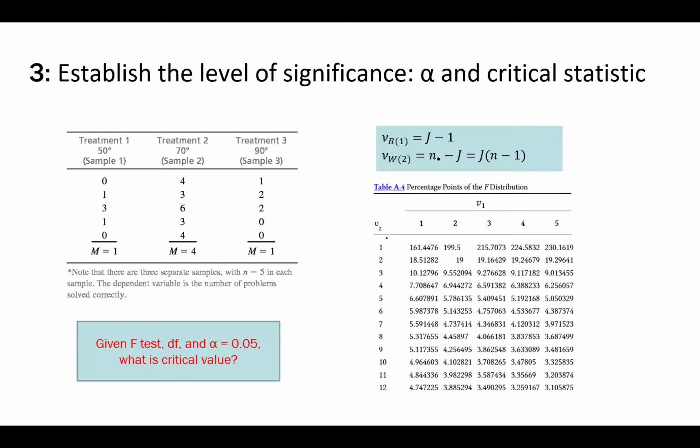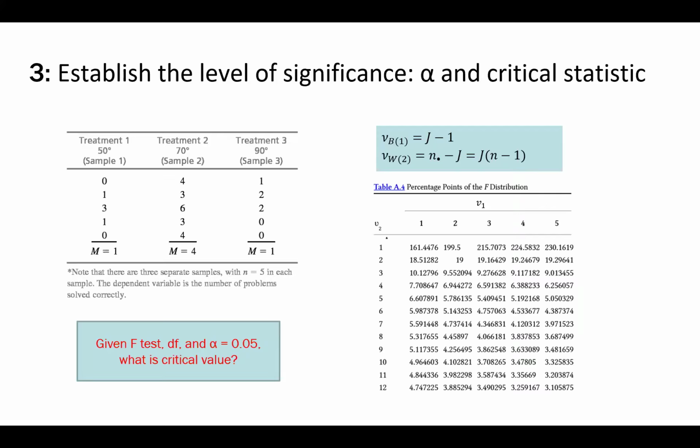So you're going to have degrees of freedom for the numerator term and the denominator term, the between term and the within term. The degrees of freedom for the between term, which will give you the mean square between for the numerator of the F-test, is j minus 1, where j is the number of groups.